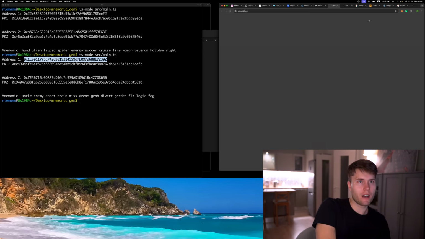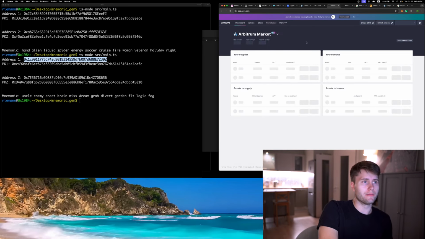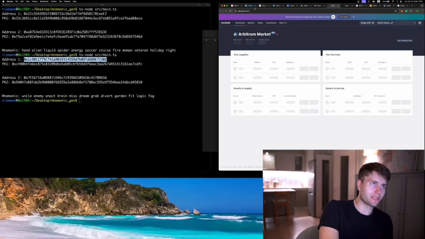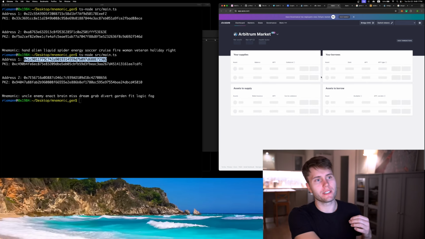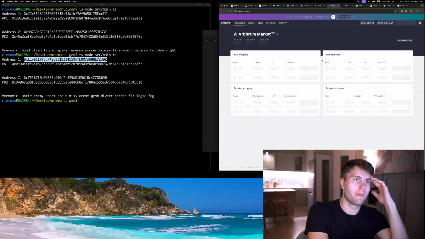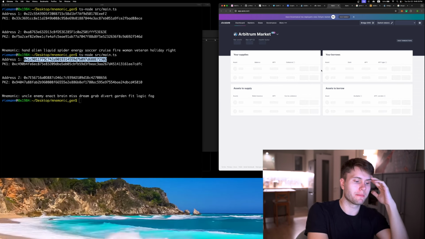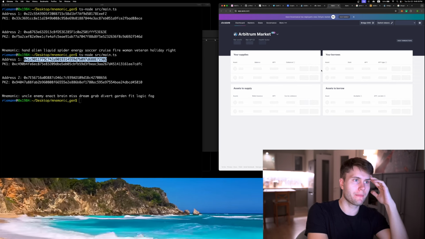So what is Aave? Aave is a decentralized lending platform where you can supply and borrow assets. And again, since I was talking a little bit about that hackathon thing that I built, what you can do is open up a short position on Aave by supplying a volatile asset, like depositing Ethereum.